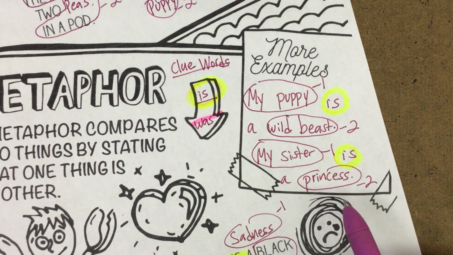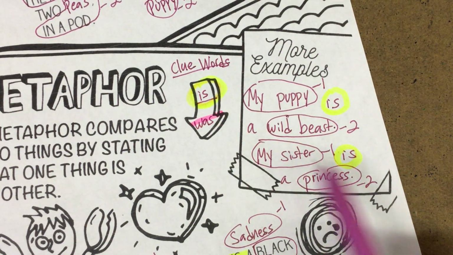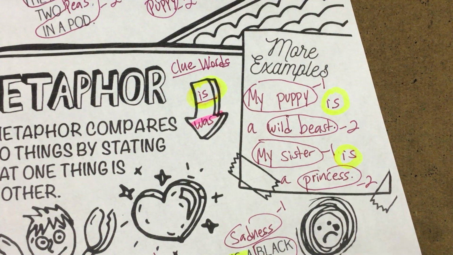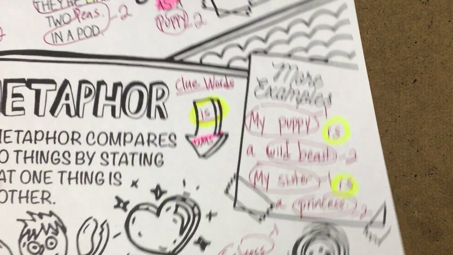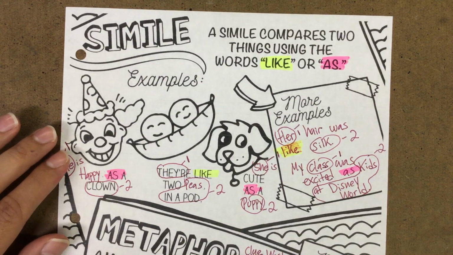A metaphor compares two things by stating that one is another. So similar things. Your clue word is is. So my sister's a princess could mean that she's spoiled, she gets her way. So at this time, please make sure that you have your notes filled out.